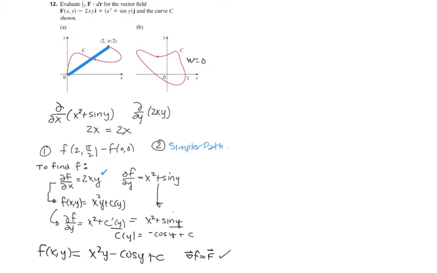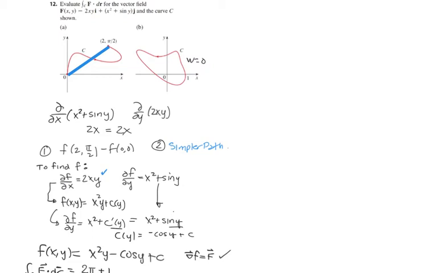So now our work integral is just f of 2 pi over 2, which is 2 pi, minus f of 0, 0, which is minus 1, so plus 1.